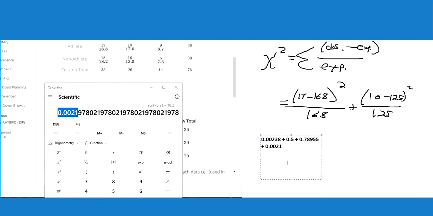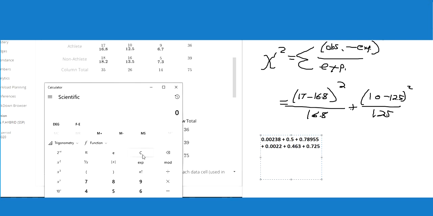I'm going to round that up to 2. Observed minus expected, squared, divide by the expected, 0.463. We got observed minus expected, squared, divide by the expected, 0.725, we'll say.